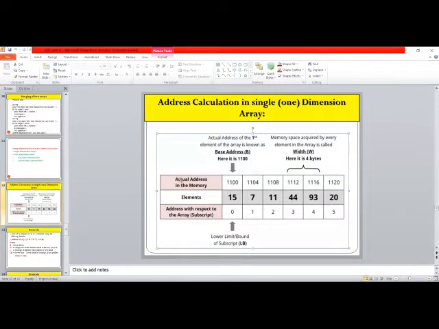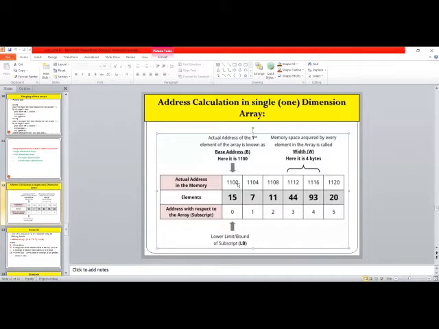That means this array starts from memory location 1100. So the first element is stored at address 1100. The actual address of the first element of the array is known as the base address of the array.